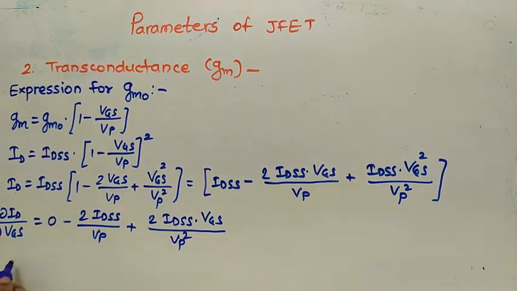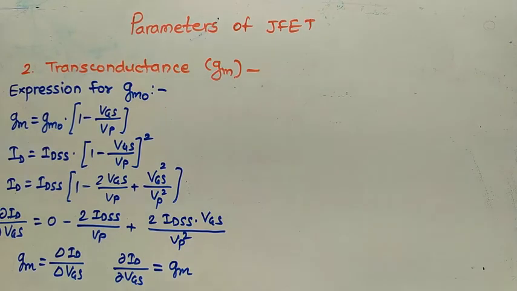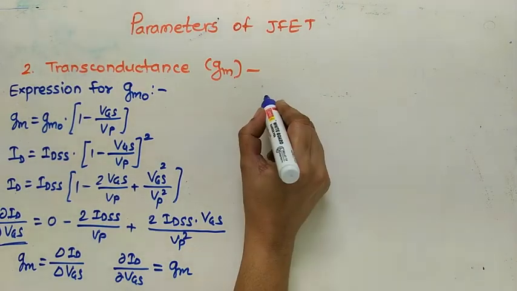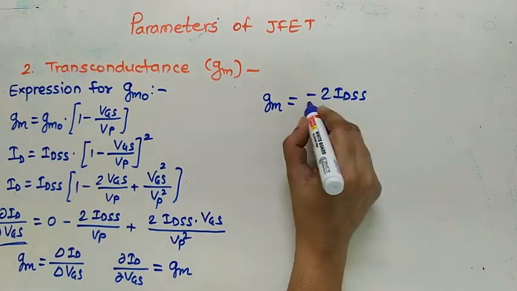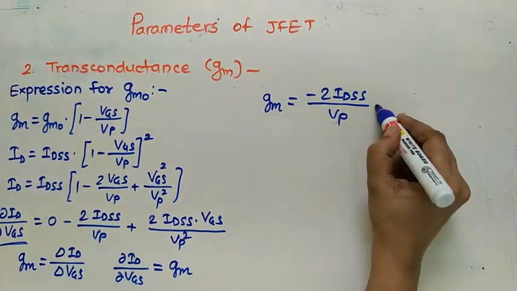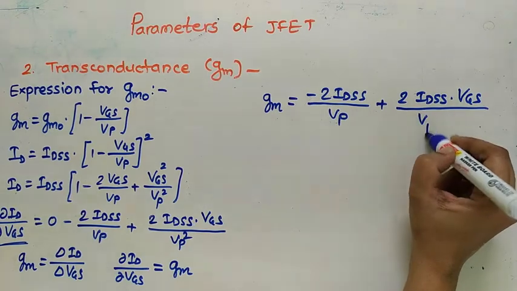And we know that g_m is nothing but the change in drain current I_D with respect to the change in V_GS voltage. So we consider this change in I_D with respect to change in V_GS as our g_m. So the equation becomes g_m is equal to minus 2 I_DSS upon V_P plus 2 I_DSS into V_GS upon V_P squared.